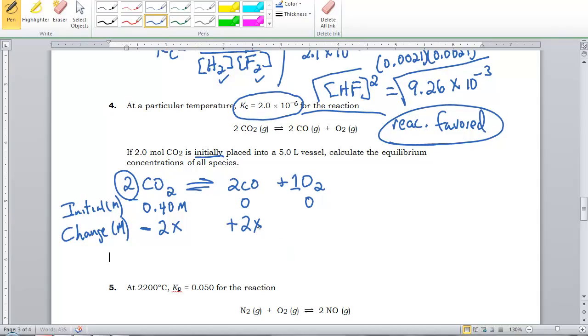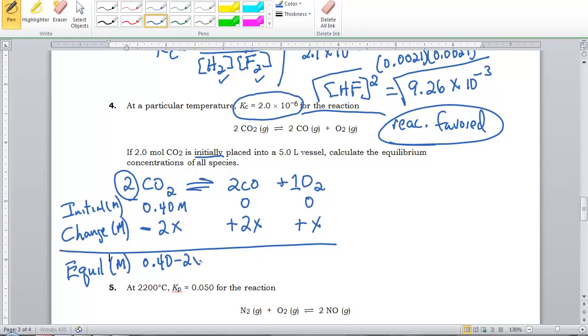So for every 2 CO molecules, carbon monoxide, we produce, we're only going to produce 1 O2 molecule. And at equilibrium, 0.4 minus 2x for our CO2, 0 plus 2x, 2x for CO, x for O2.